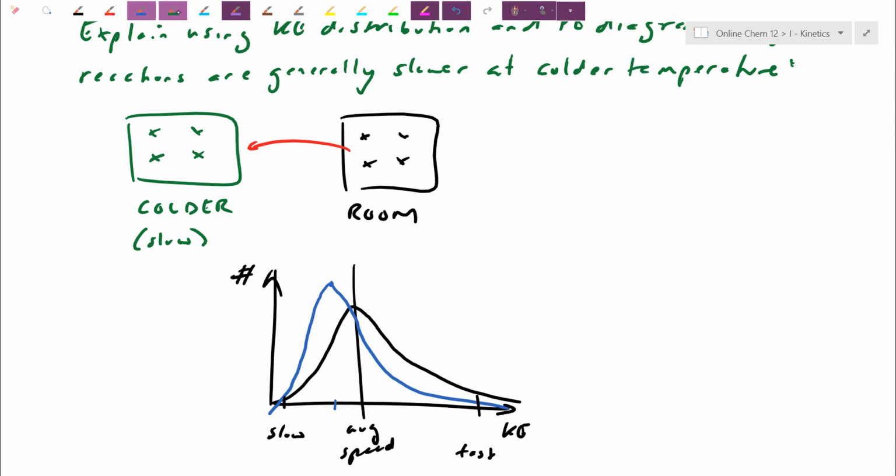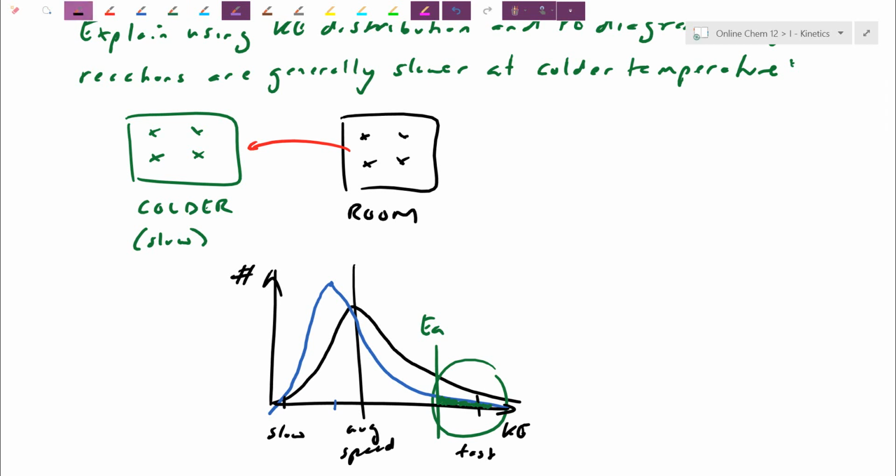We had an activation barrier. We had sort of an energy requirement. It was only the particles that had enough energy that could react. If you compare the room temperature curve here with the blue in the colder case, we see that even at a colder temperature, I still have some particles moving quick enough, but definitely not as many as I had before.